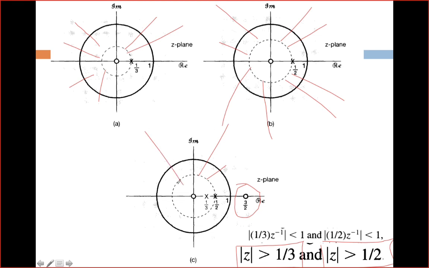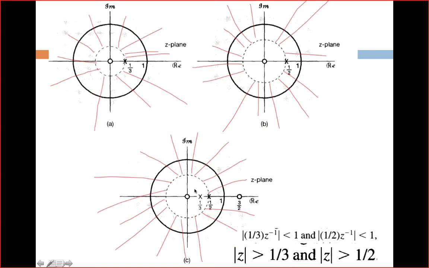So this is the ROC of this particular problem. We ignore the zero because it is multiplied by u of n. So I have marked the ROC for this case. You have to individually plot the ROC for each and every term, and then take the common portion of the two.